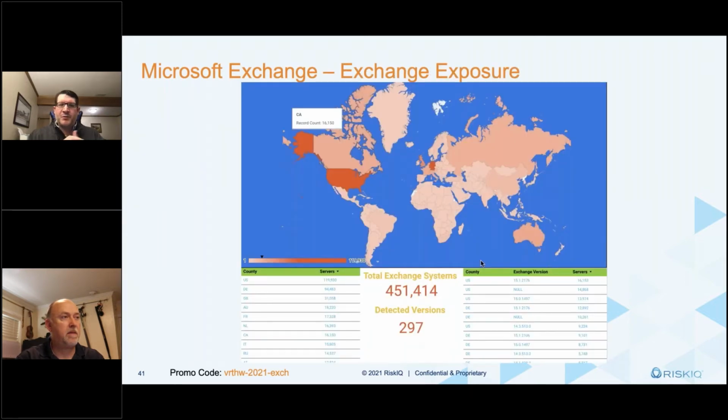So this is a dashboard we've put together based on our data, again the crawling that's happening down to the page level of these systems, of total Exchange exposure. And this is today, where we're looking at just shy of 500,000 exposed Exchange systems that aren't hosted in Azure.